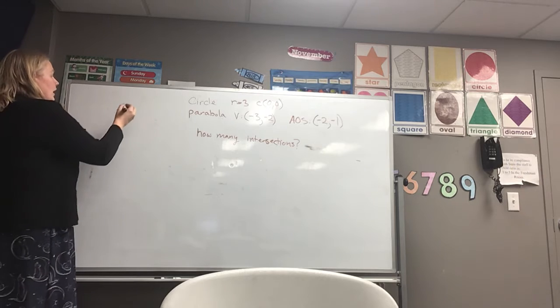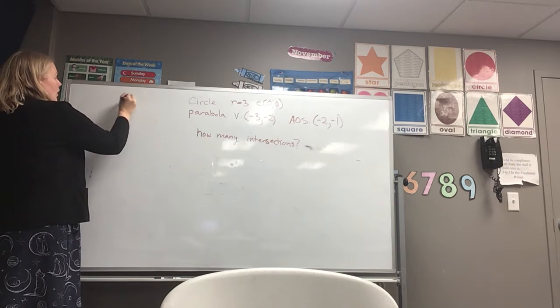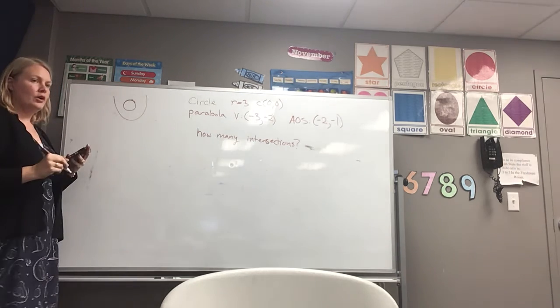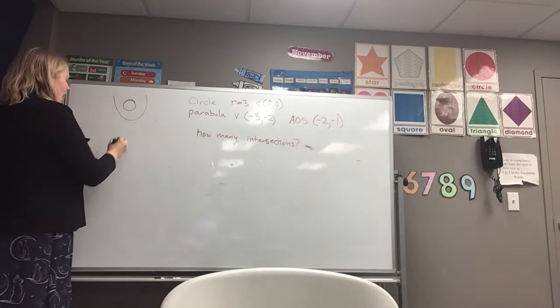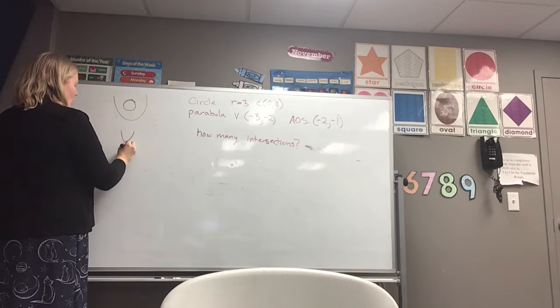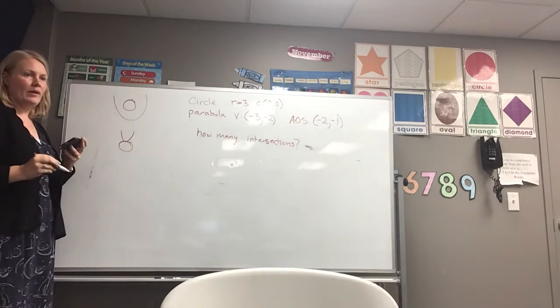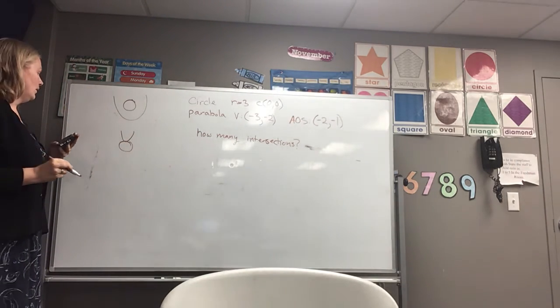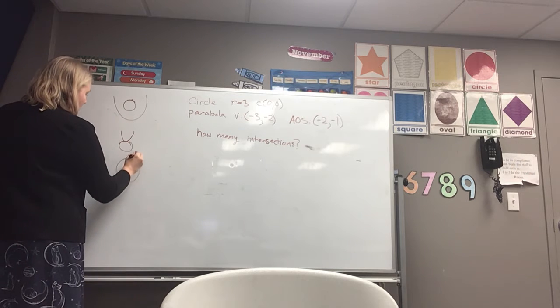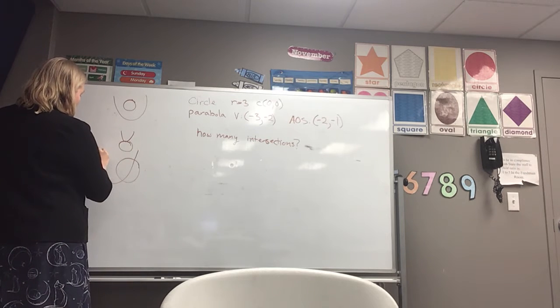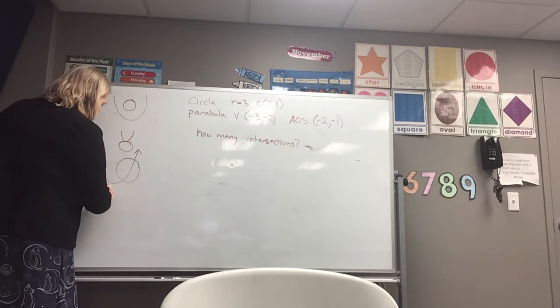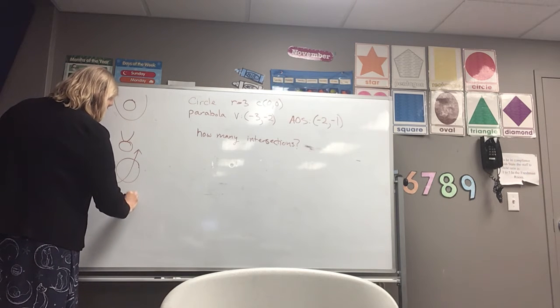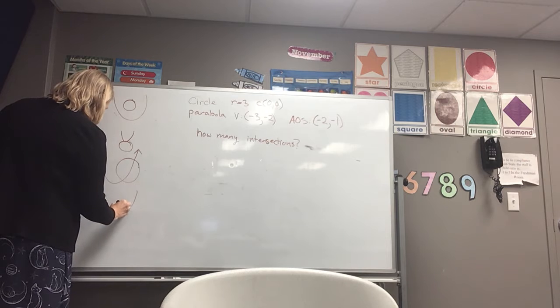Looking at a circle and a parabola, we could have no intersections if it went all the way around. We could have one point if we had a tangent. If the parabola is crossing through, we could have 2, but we could also have 3.